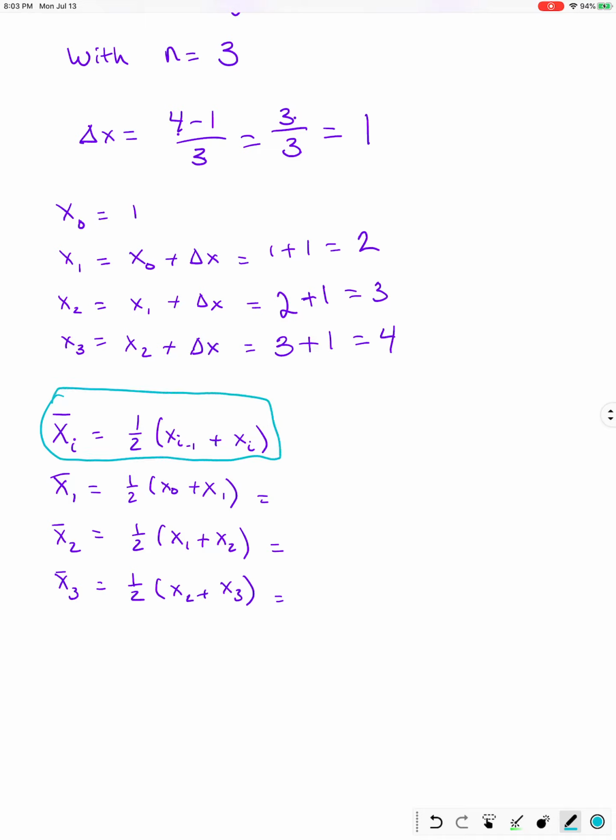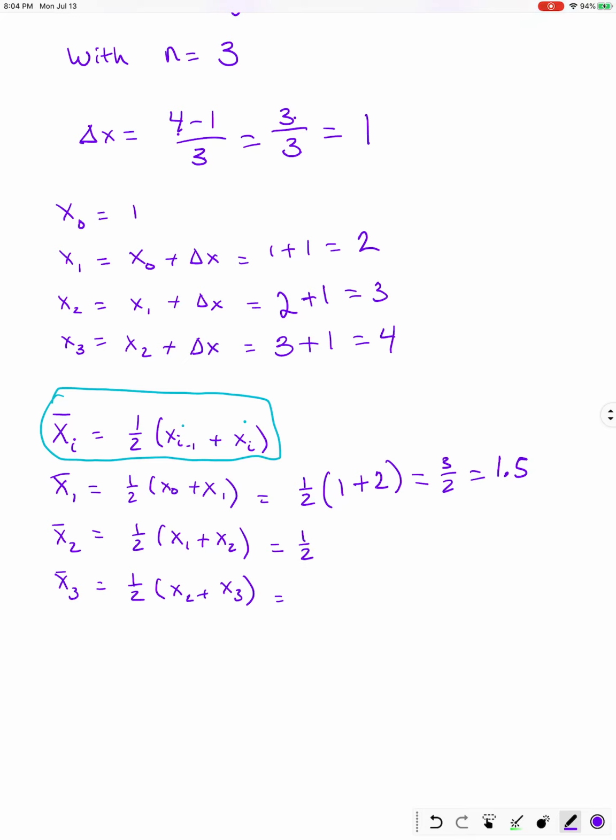So then I just need to figure out what the values are for this x bar sub i, or these input values that I'm going to put into my function to figure out what the height is. Well, that's 1/2 of the endpoints of the interval. So I have 1/2 times x0, which is 1, plus x1, which is 2, and this is 3/2, which is 1.5.